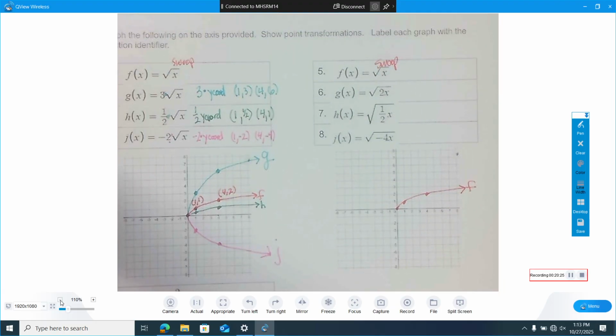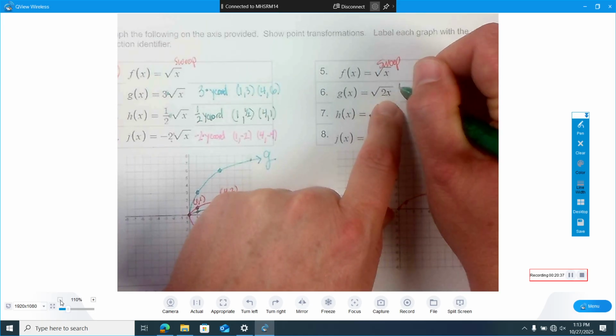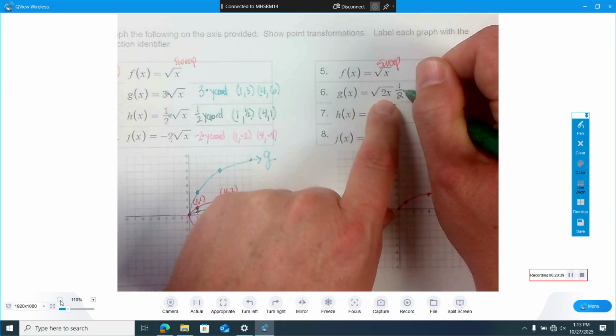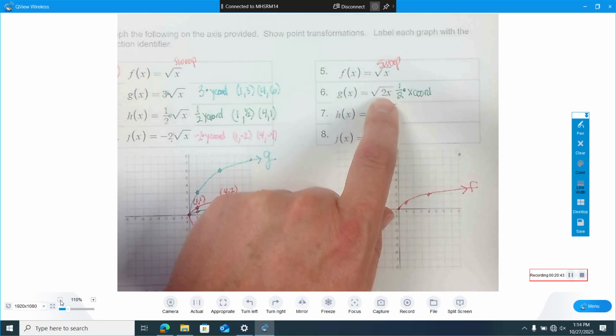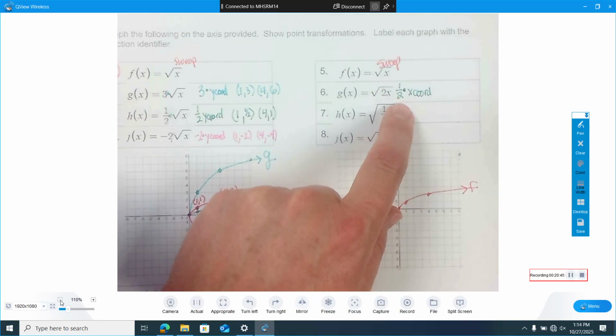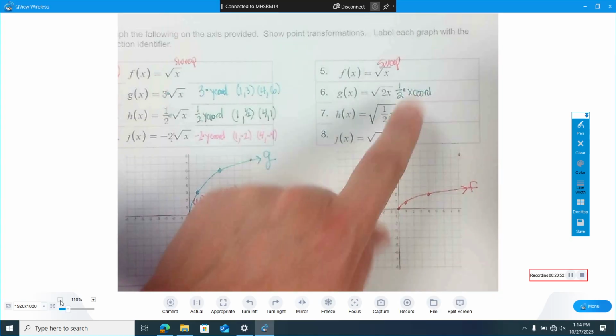All right, now remember, everything with x is always messed up. So the square root of 2x. Divide. Yeah, I'm going to just flip the fraction because I think it's easier. So instead of multiplying by 2, we're going to divide by 2, or that's the same as multiplying by half. Okay? So it's half of the x-coordinate.